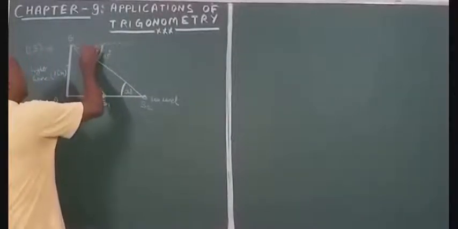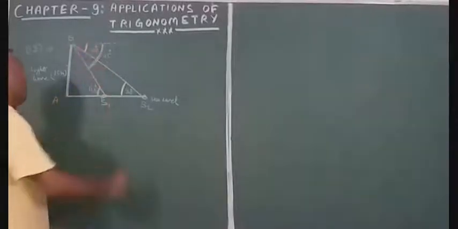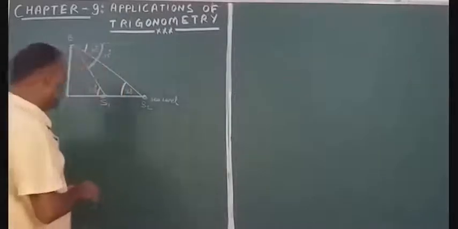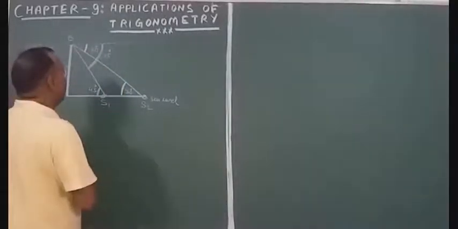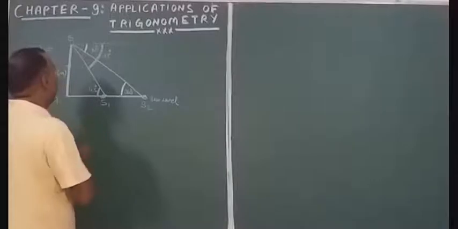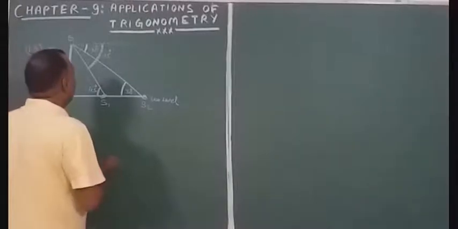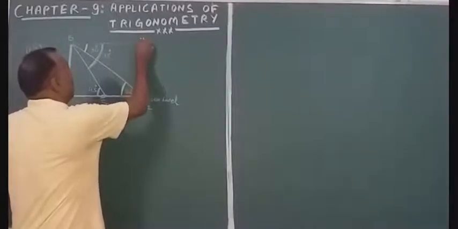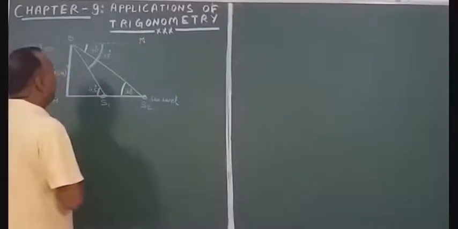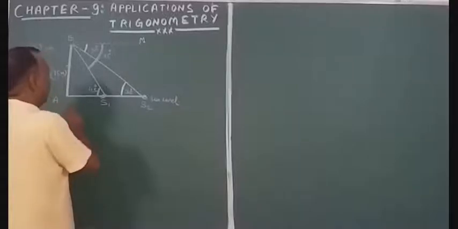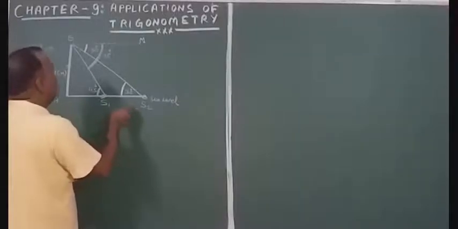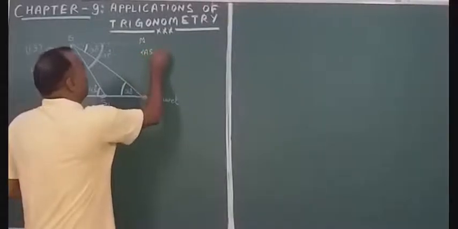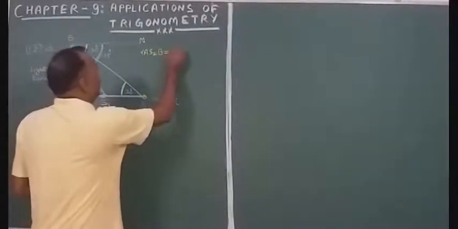The question is this, to find the distance between the ships. So we have to find this distance S1 and S2. Now you can tell me, suppose this is the point M. Now tell me, angle AS2B will be equal to what?